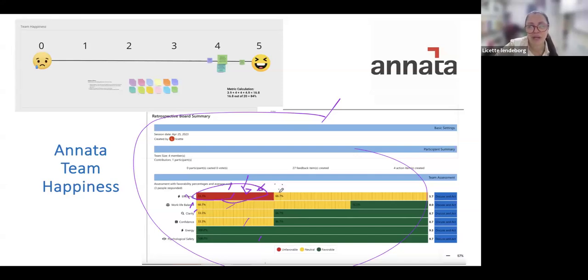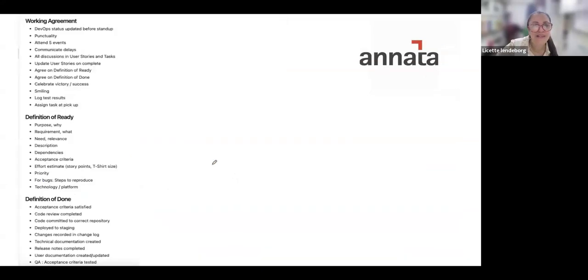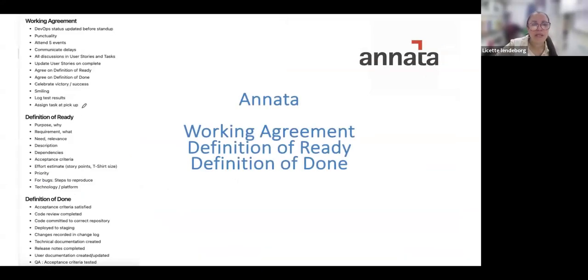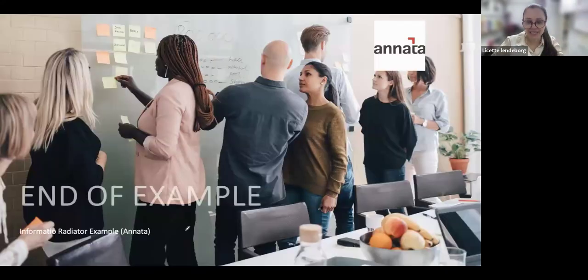So a sad face here. And what else? Oh, the working agreement, the definition of done, the definition of ready. What is that? Another example. Okay, that was my humble example of an information radiator talking about stakeholder engagement for the Anata dashboard.